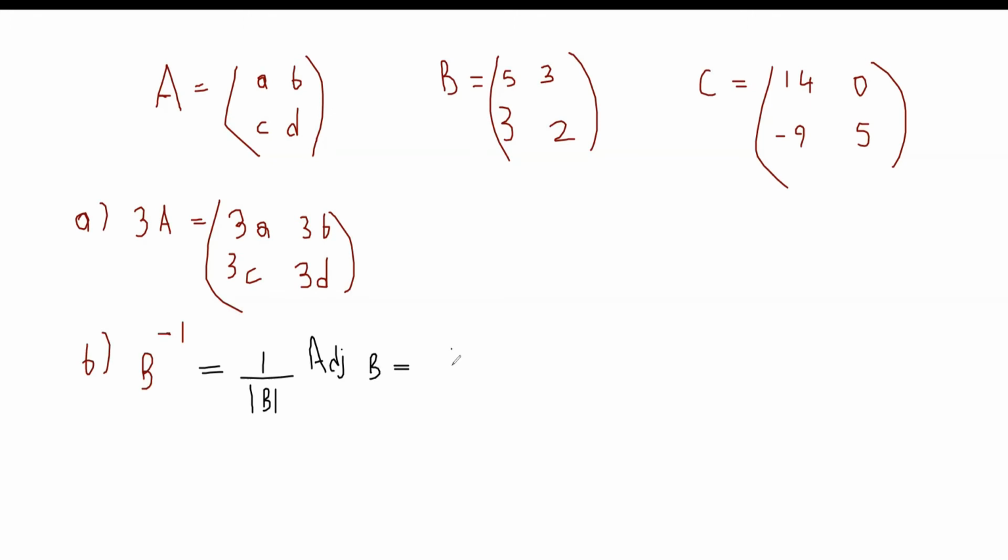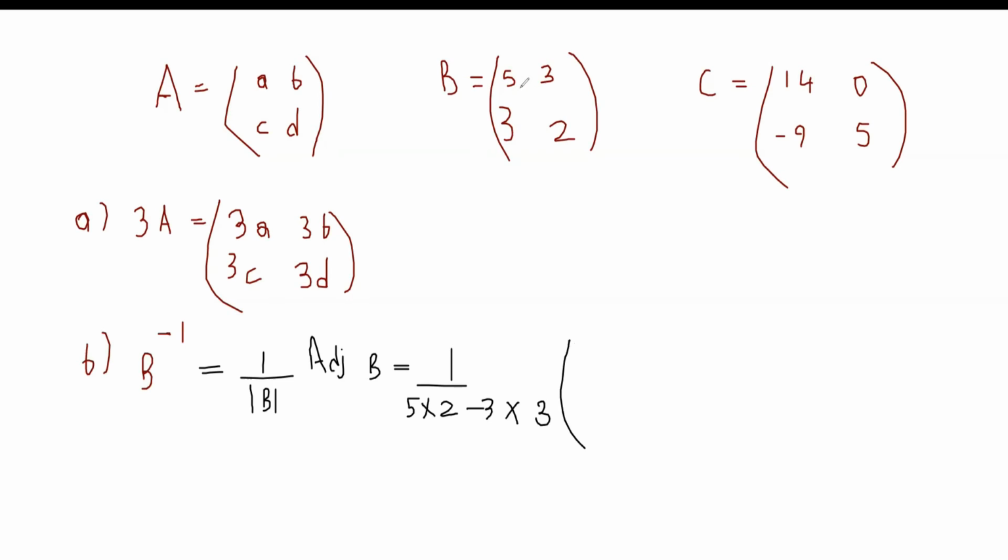The determinant of B is going to be the product of the leading diagonals. So it's 5 times 2 minus the product of the non-leading diagonals, 3 times 3. That's how we find the determinant. And then this is being multiplied by the adjoint.